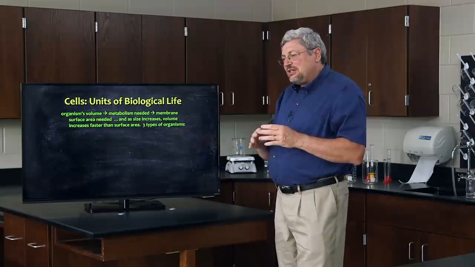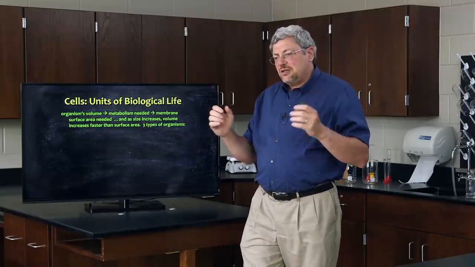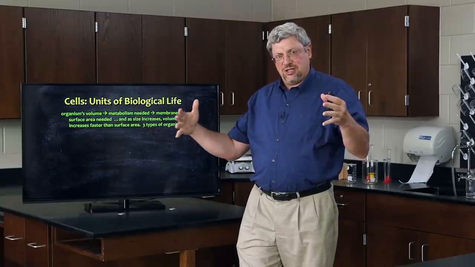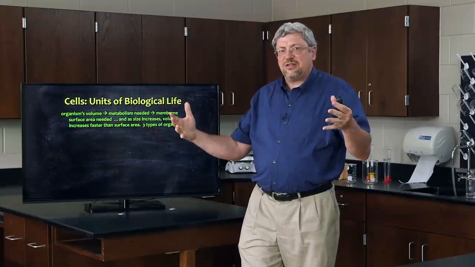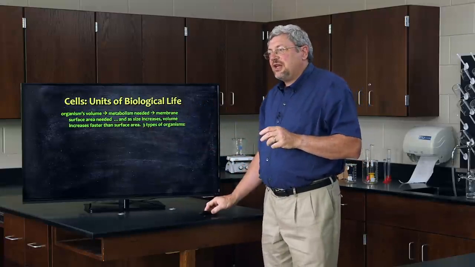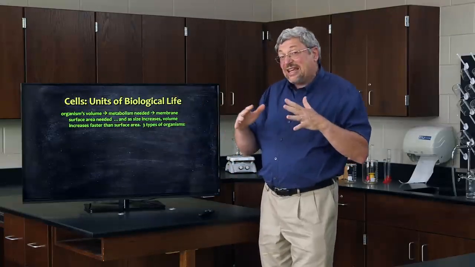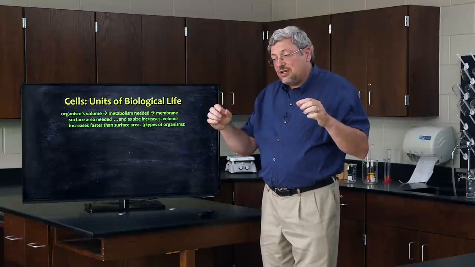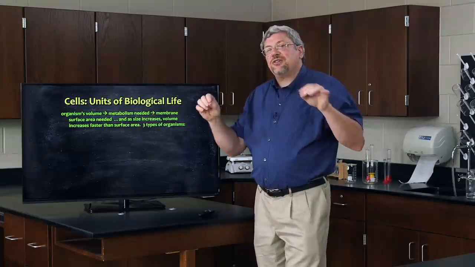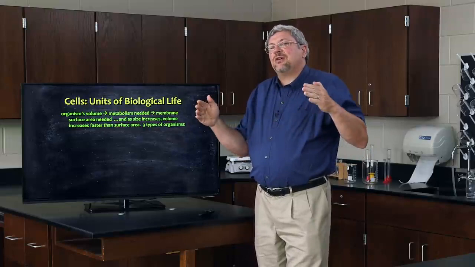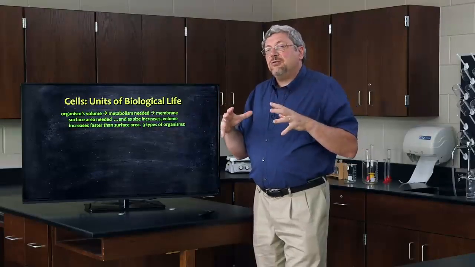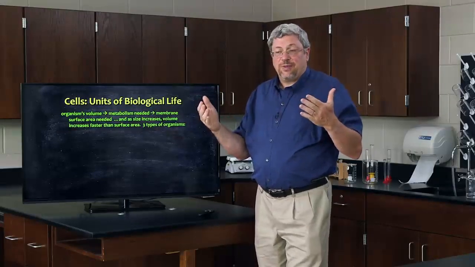As an organism increases in size, its volume increases in size. That makes sense. But it turns out that as the organism increases in size and its volume increases and its surface area increases, if you look at how fast the surface area increases as the organism grows, the volume increases faster.